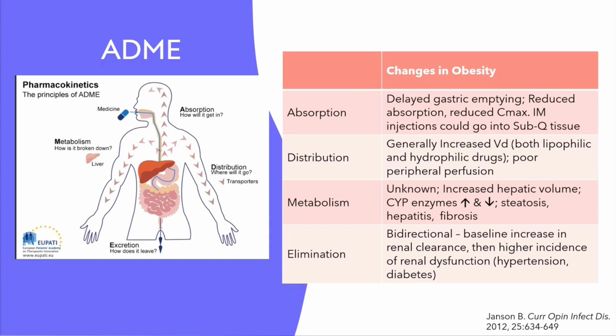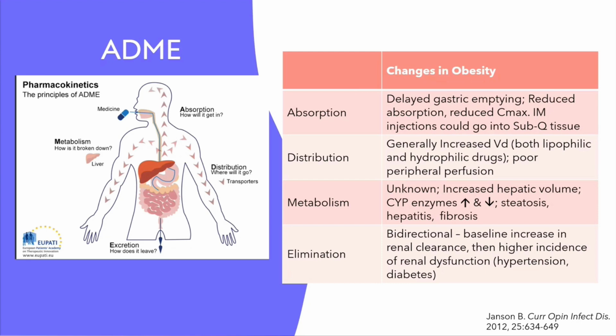A high volume of distribution implies that a drug is distributed extensively into tissue, whereas a low volume of distribution implies that the drug is concentrated in the plasma. Most antibiotic classes will demonstrate an increased volume of distribution in obesity. Although these changes are not really easily quantifiable in relation to any particular parameters, especially when we think about lipophilic drugs.